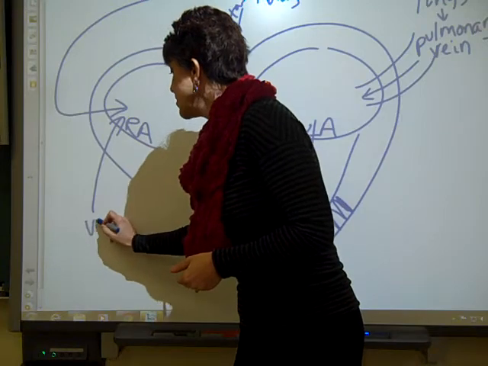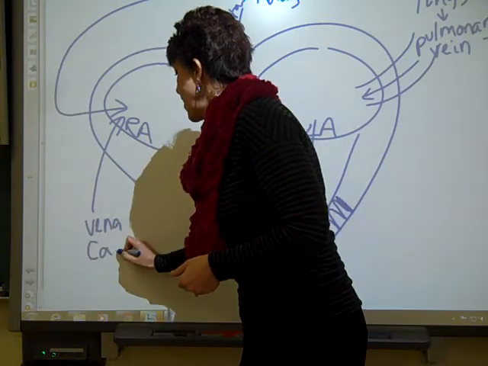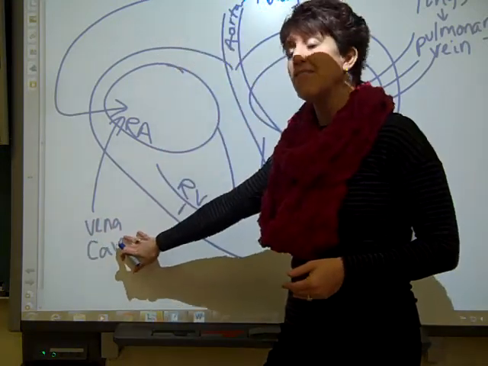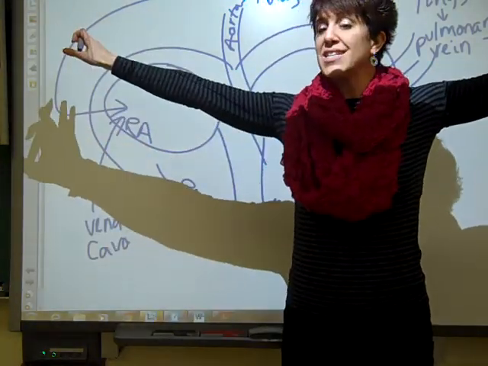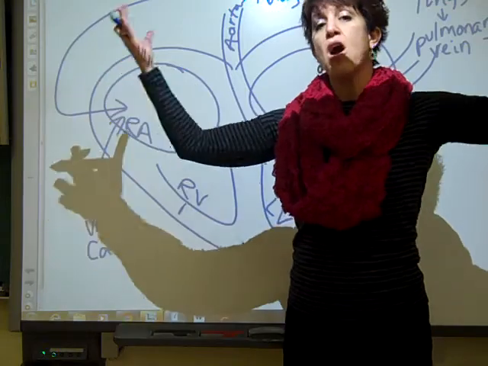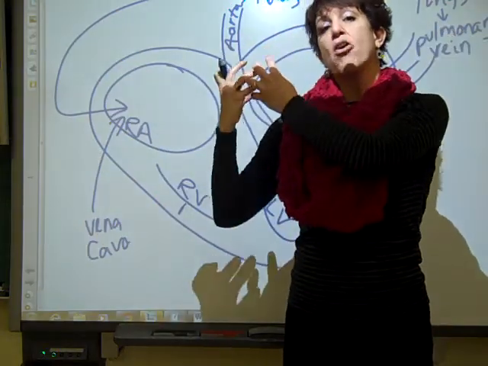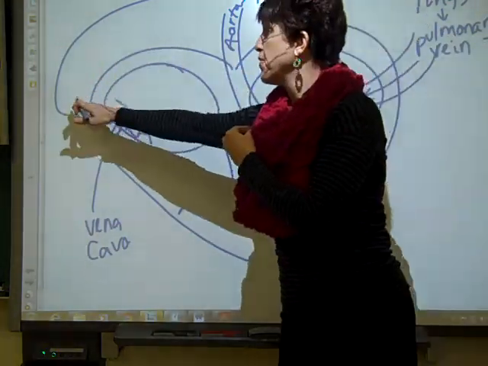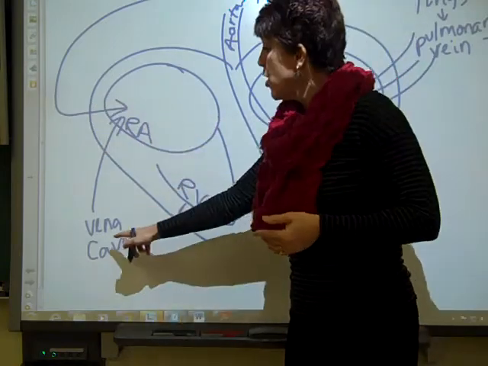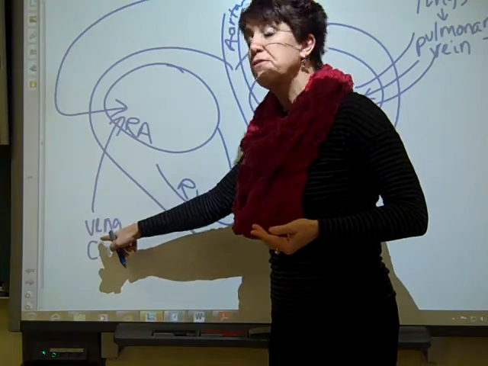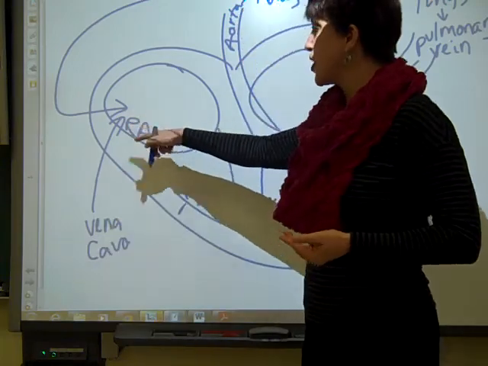Both of them are called vena cava: inferior vena cava, superior vena cava. Everything above your heart, if you hold your hands like this, they're above your heart. So from your arms and your head, all the blood will pool into the superior vena cava and go into your right atrium, and everything below your heart pools into the inferior vena cava and goes into the right atrium.